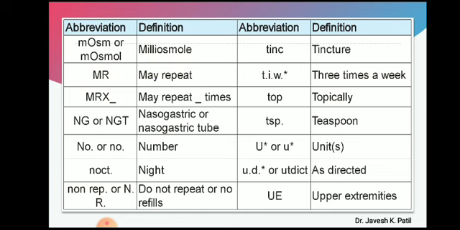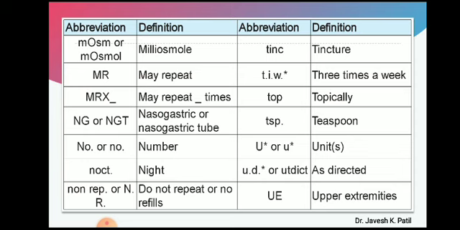And MRX, and in front sometimes a number, 1 time, twice, thrice, that may repeat 2 times, 5 times, whatever it may be. MRX, if you want to repeat twice, it can be written MRX2, likewise. Then nasogastric tube, that is NG or NGT, no number, we are using it.